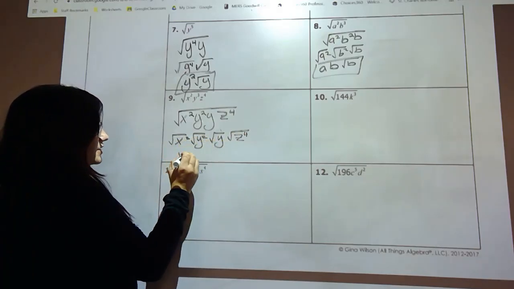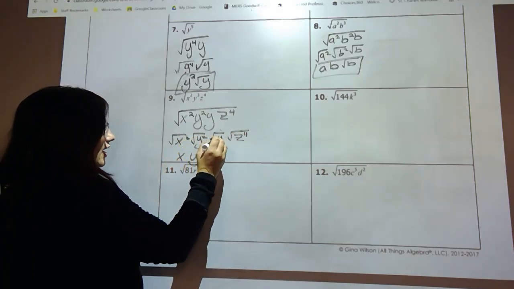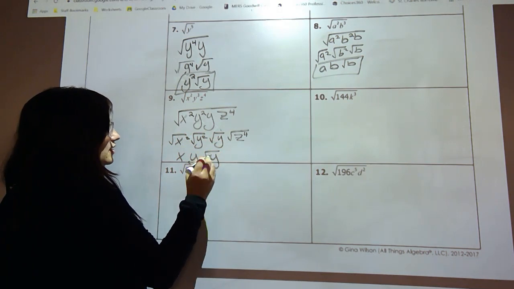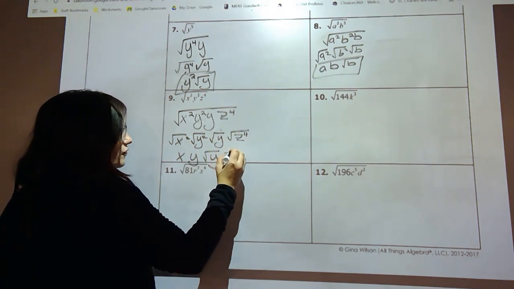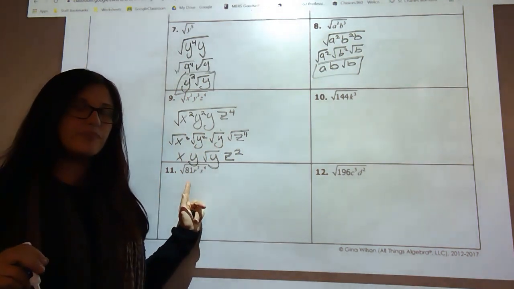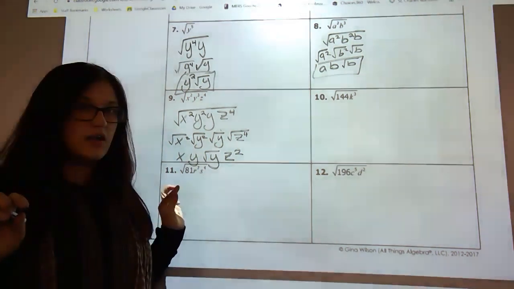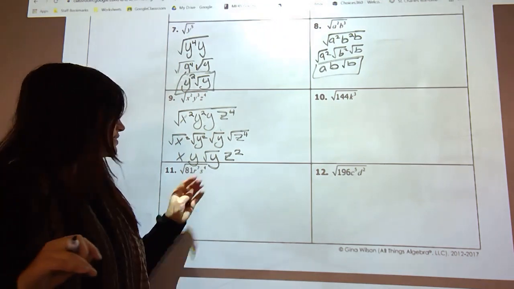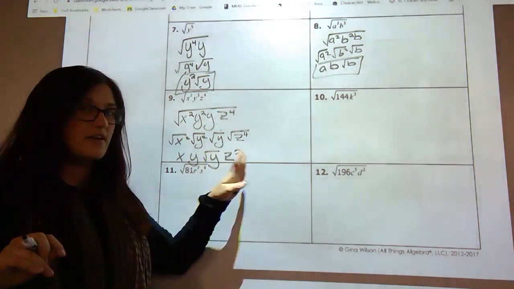The square root of x squared is x, the square root of y squared is y. I don't know what the square root of y is. And then the square root of z to the 4th is z squared. Now, when you have a term, it is customary to communicate the radical at the very end.